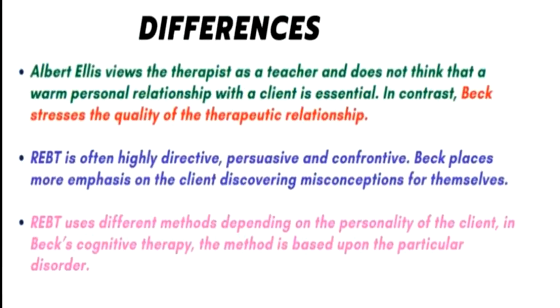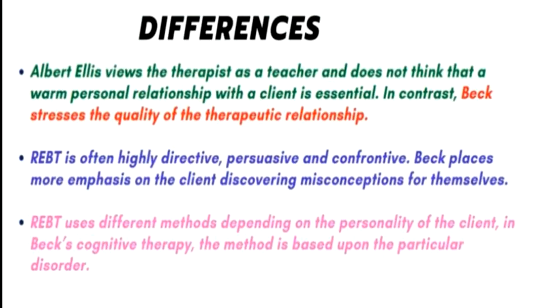So what are the differences? Albert Ellis views the therapist as a teacher and does not think that a warm personal relationship with a client is essential to treat a patient. In contrast, Beck stresses the quality of the therapeutic relationship. REBT uses different methods depending on the personality of the client.